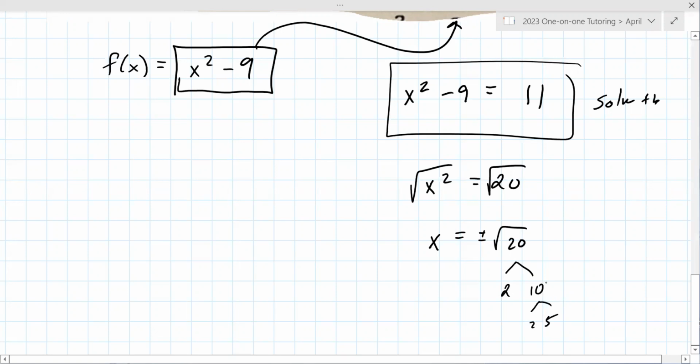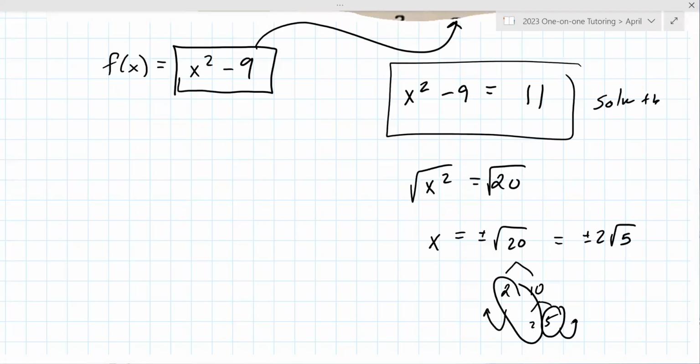So are there any pairs? 2 and 2. So a 2 comes out, and it's the square root of what's left over, which is that 5. You can leave it like that. That's reduced.